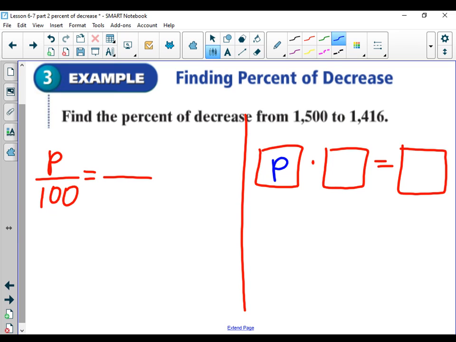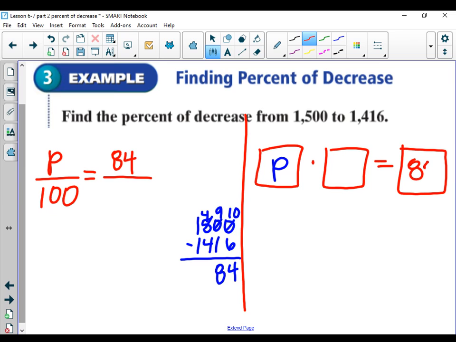The part it changed. $84 was the change. The part it changed.